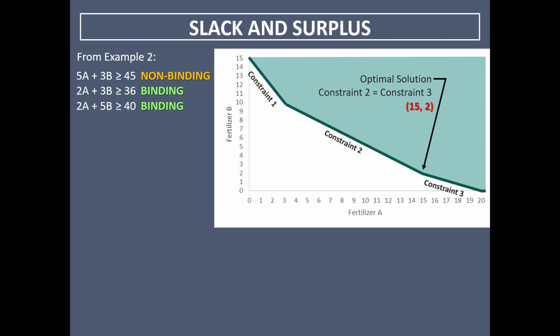Now notice something that is going to happen here mathematically. When I sub in the optimal solution values into any of those constraints, so if I was to sub in my optimal solution of 15, 2 into constraint 1, 5a plus 3b, I would get that that is equal to 81.